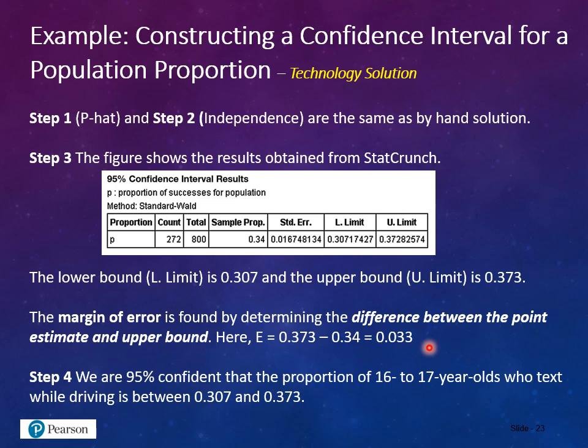So again, the way we state this is that we are 95% confident that the proportion of 16 to 17-year-olds who text while driving is between 0.307 and 0.373 of the entire population of those teenagers. Okay. So we have good stats here that correlate both to our technology solution and our by hand solution.